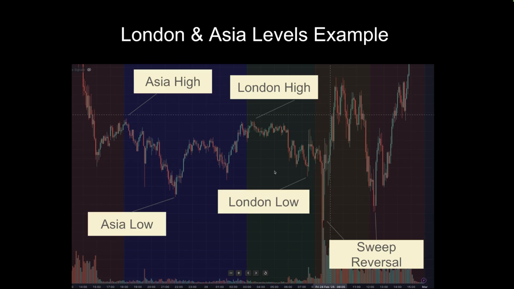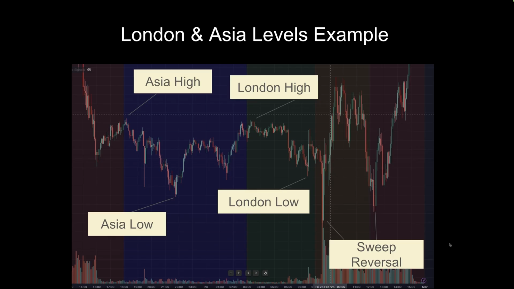So when you come into, just say you're not paying attention to Asia's market or London's market, you come in just before the New York Open, you're marking levels, right? Well, you know that Asia's low or high or London's low and high are going to be key levels that the market is likely to go test because, again, those are areas of liquidity, right?